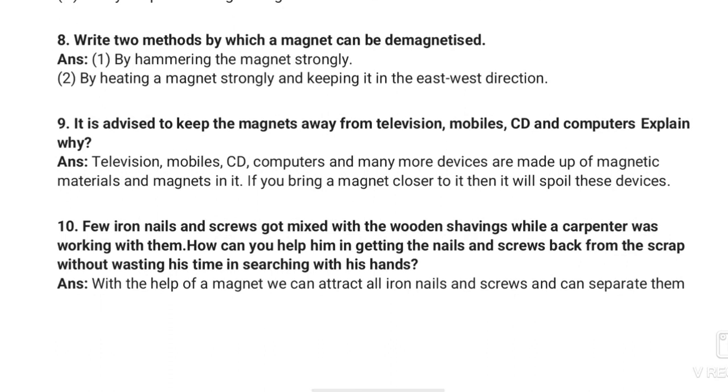Next question, it is advised to keep the magnet away from television, mobile, CD and computers. Explain why. Sometimes, students, our family members say to keep the magnet away from television, mobile, CD, computer.